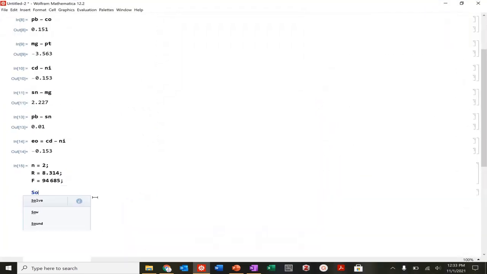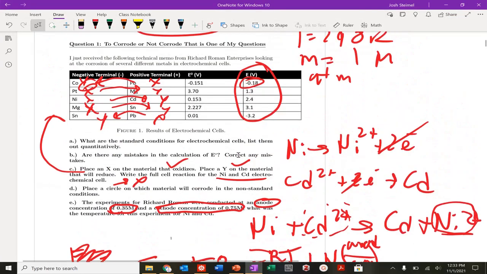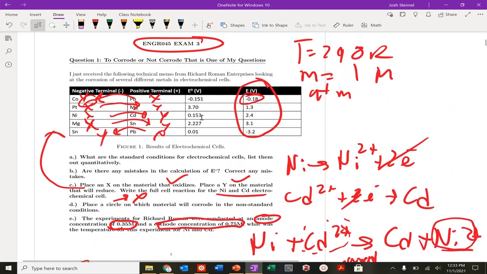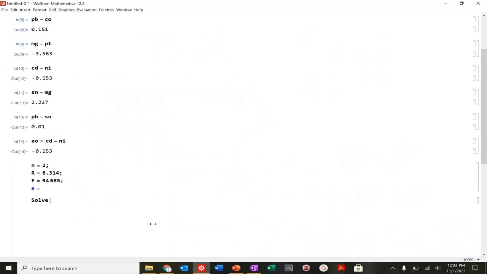So let's go ahead and solve that. My E is going to be equal to what we measured here. My E for nickel cadmium was 2.4. So let's see what the temperature was for this experiment.